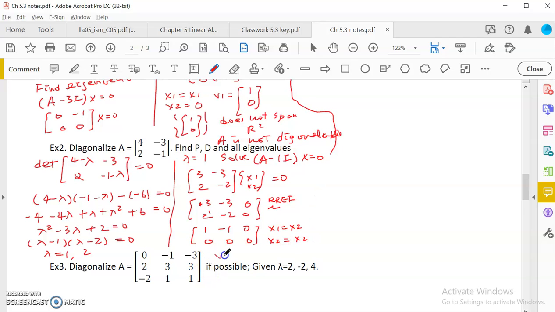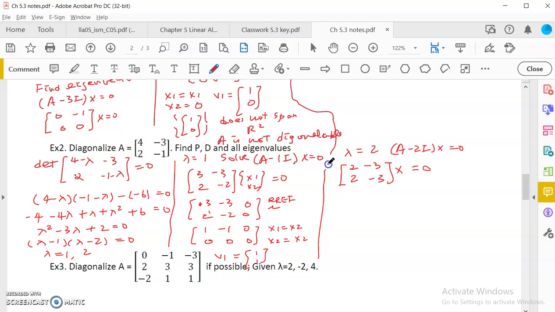So my v1 would be equal to what? (1, 1), right? x1 and x2 are the same. For lambda equal to 2, we have to solve (A minus 2I)x equal to 0, exactly like what we did in 5.2. So it is 2, -3, 2, -1 minus 2, which is -3, times x equal to 0.